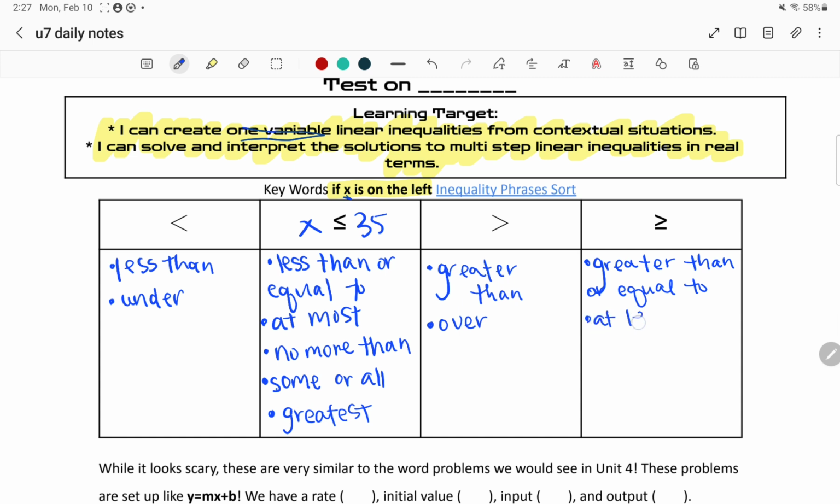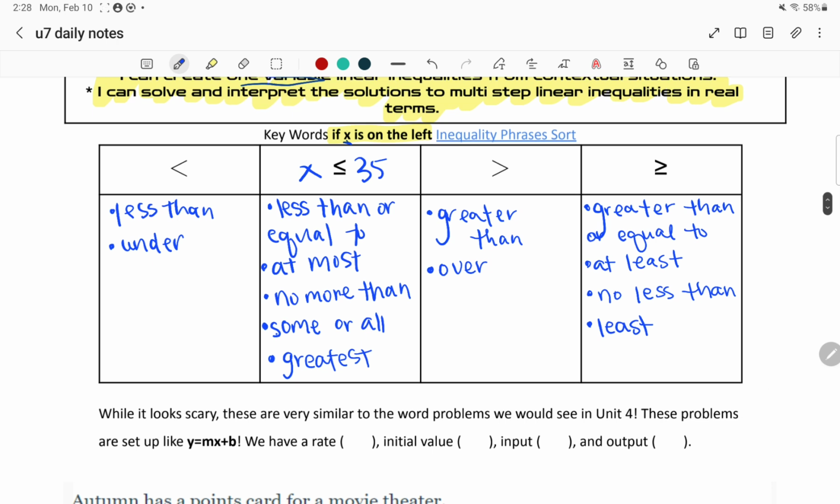At least. So think the opposite of at most. No less than. Opposite of no more than. And least. Opposite of greatest. Okay? So now that we have those keywords, that's what Delta Math will use.